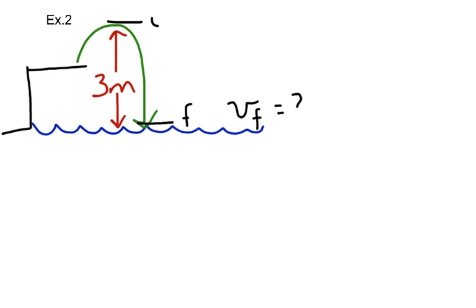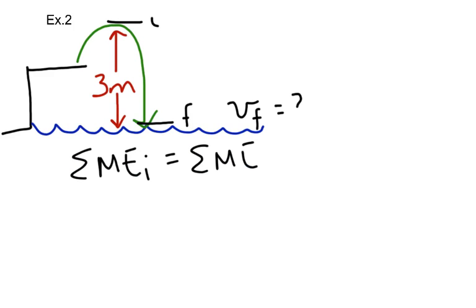Here's what we know. We know the total mechanical energy in situation 1 is equal to the total mechanical energy in the final condition. So in the initial condition, the person that's diving is actually at their highest point, so they're not moving. There's also no spring or elastic properties, so therefore there's no kinetic energy, there's no elastic potential energy, but there is gravitational potential energy.